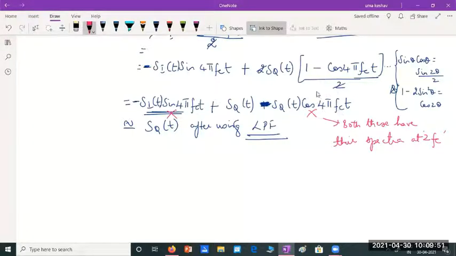Both the signals here. This is 2 pi into 2fc into t. And remember, whenever I multiply anything with a cosine, it will result in the spectra SQ of f minus 2fc plus SQ of f plus 2fc.